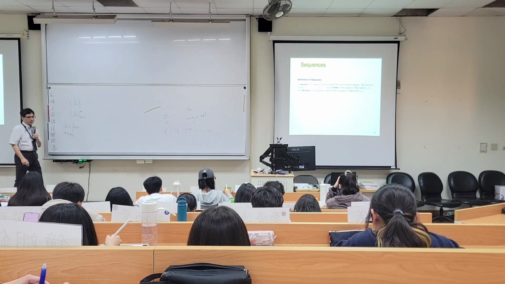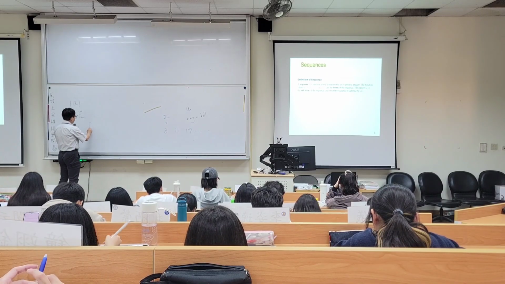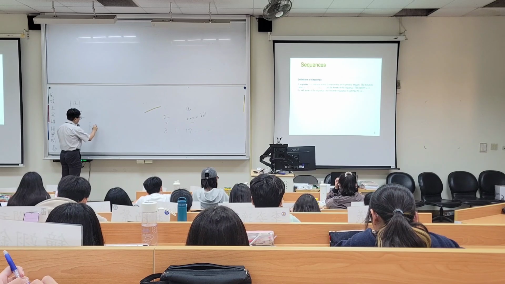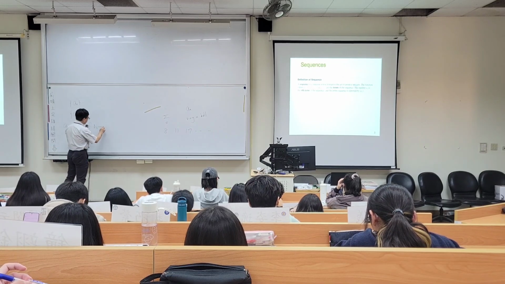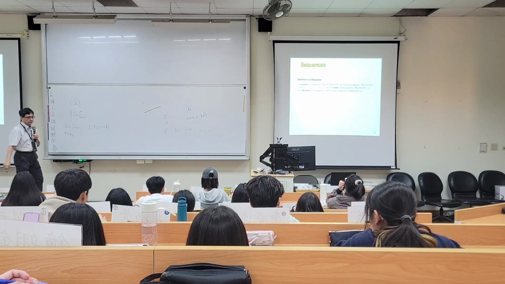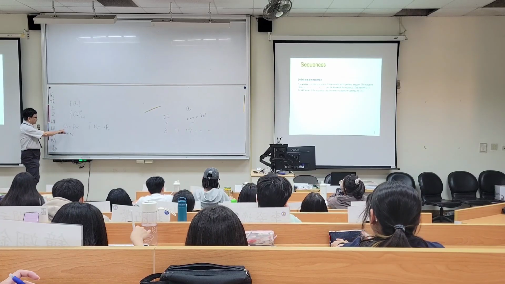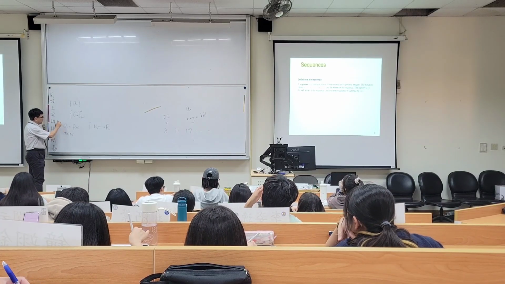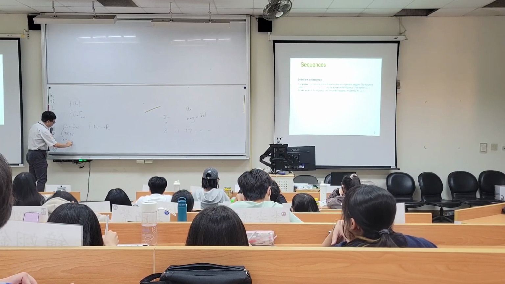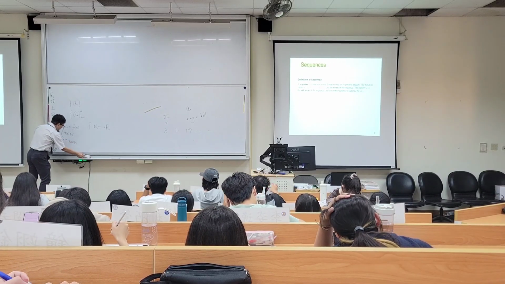So this function maps from what? From the positive integers to the real numbers. Okay, you can write A sub n, which will be the nth term of the sequence.